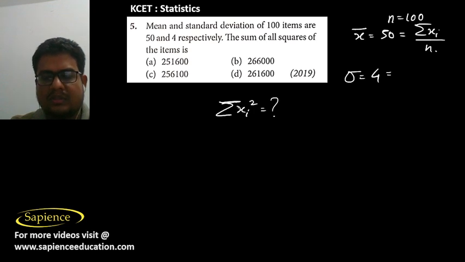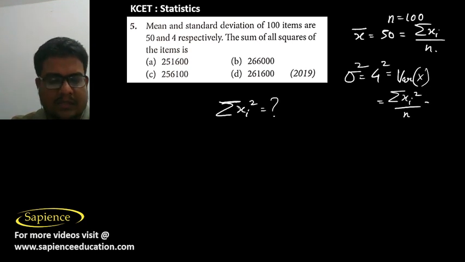Sigma, that is the standard deviation. Sigma square is equal to the variance of x, which is equal to the mean of the squares minus the square of the mean.